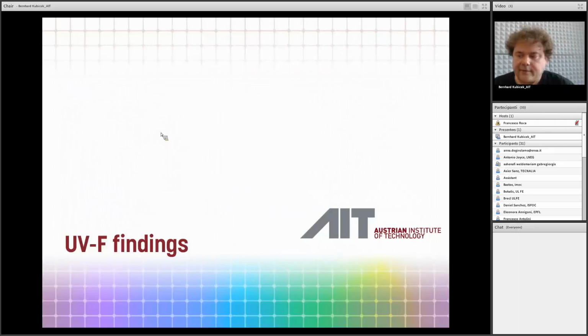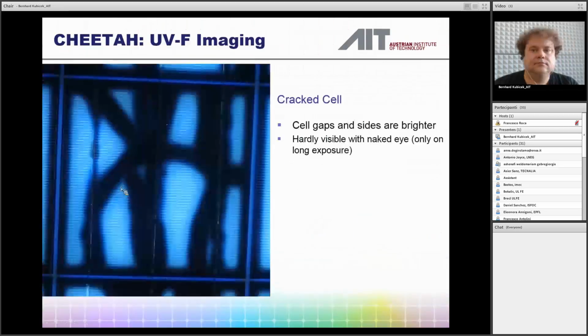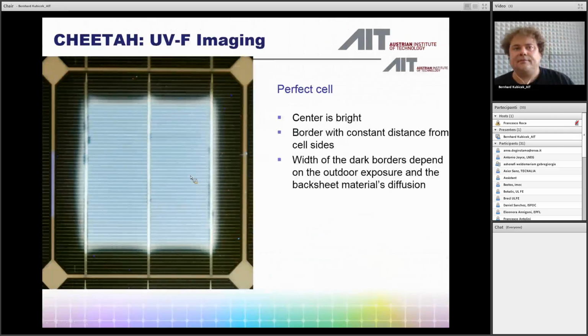Now we'll come to a section where I'll show you in more detail what errors we found, after the slides update. So here we have a cell that I would say is perfectly all right.